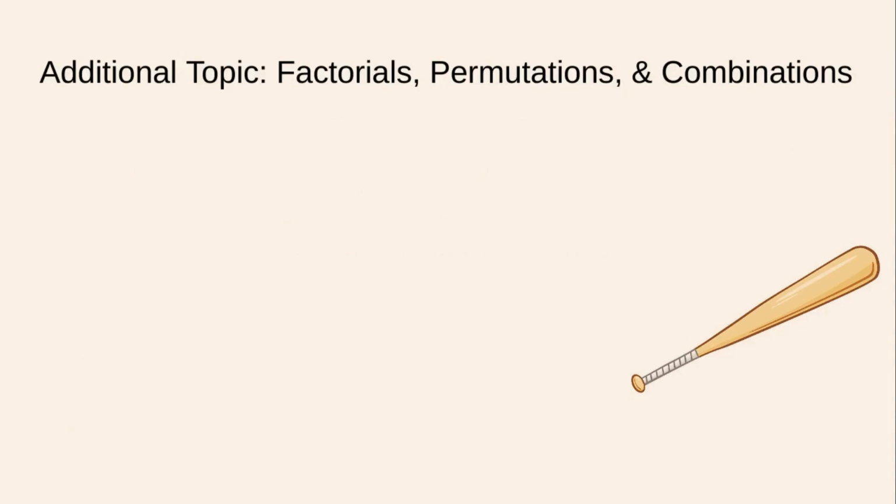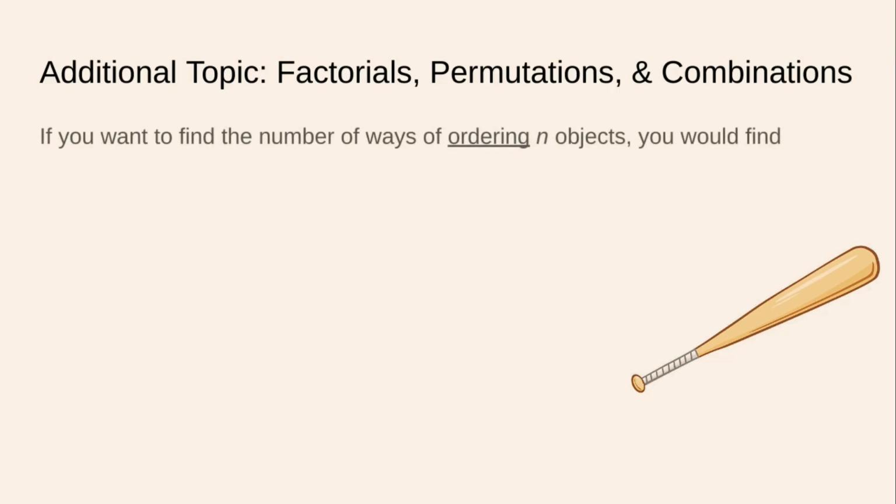So let's talk about factorials first. If you want to find the number of ways of ordering n objects of any kind, you would find n factorial. N factorial is n times n minus 1 times n minus 2 times n minus 3, all the way down to 2 and 1.